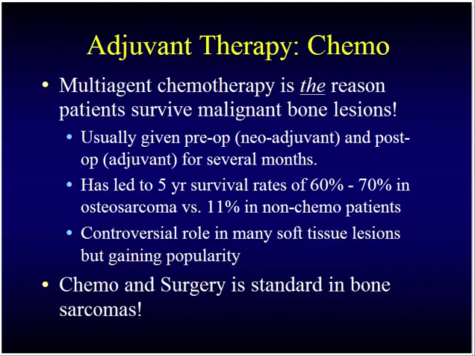So bone lesions: chemo, surgery, chemo. For soft tissue lesions, the black dot answer on your board is still resection and adjuvant treatment, typically with radiation. So surgery and radiation, typically, for the soft tissue sarcomas. There are a few exceptions to that, but in general, that's what you need to remember. So chemo and surgery is the standard in bone sarcomas.